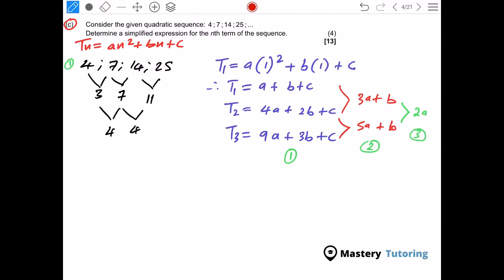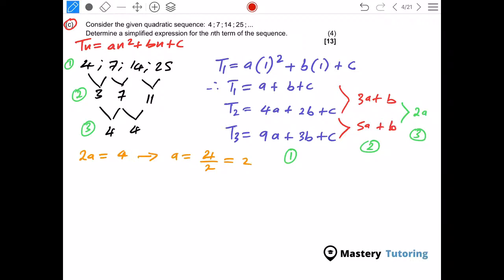So 1 goes with this term here. So we're going to equate 2A and 4, and solve for A. A is going to be 4 over 2, which is 2. Basically what I did is divide both sides by 2.